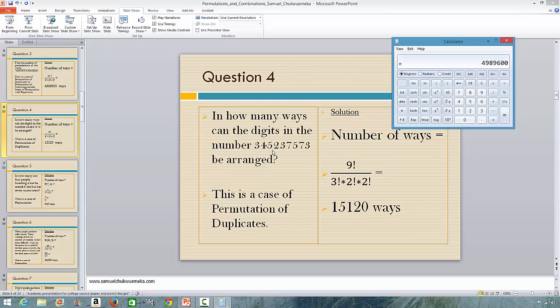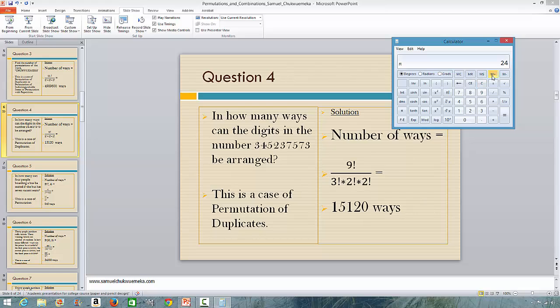So if we look at this, 3 has 3 duplicates, 4 has none, 5 has 2 duplicates, 2 has none, 3 we've used, 7 has 2 duplicates. So if we are using this calculator again, we want to do this first: 3 factorial times 2 factorial times 2 factorial equal to 24.